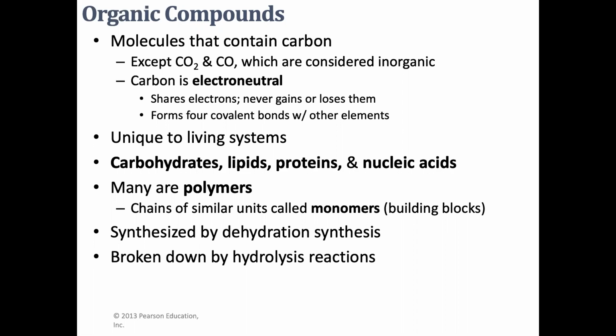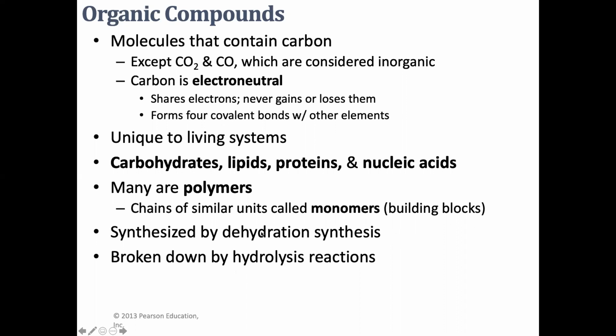They're made by something called dehydration synthesis, which means that you pull out the equivalent of a water molecule to create a new chemical bond between two smaller things and make a bigger thing. And they're broken down by hydrolysis. Hydrolysis means using water to split, hydro water and lysis split, and that makes a big thing break apart, okay?